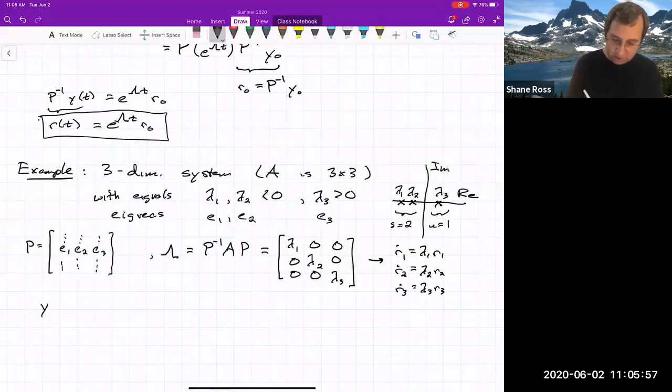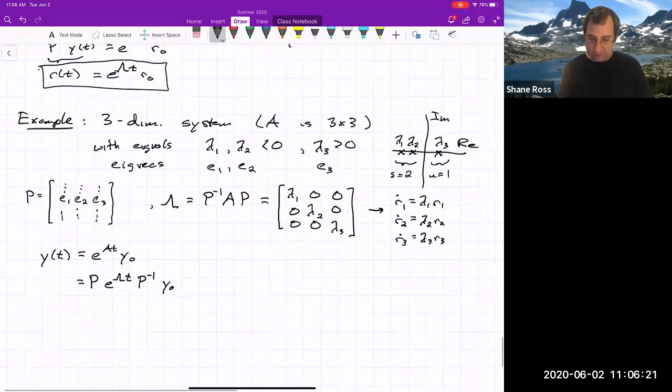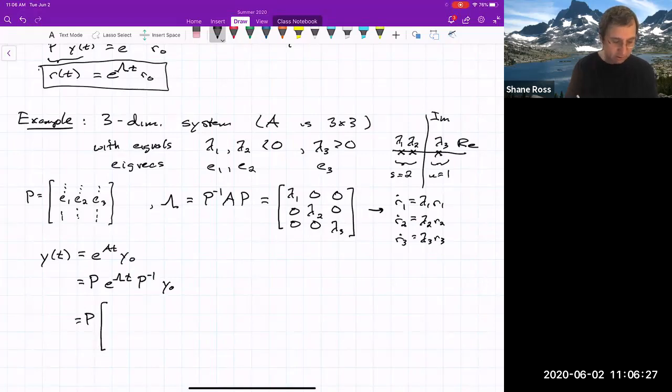In the original coordinates, y of t equals e to the At y naught. But now we know that this will be written as P e to the lambda t P inverse y naught. And like I said, as a property of the matrix exponential, here the matrix exponential is going to look particularly nice.